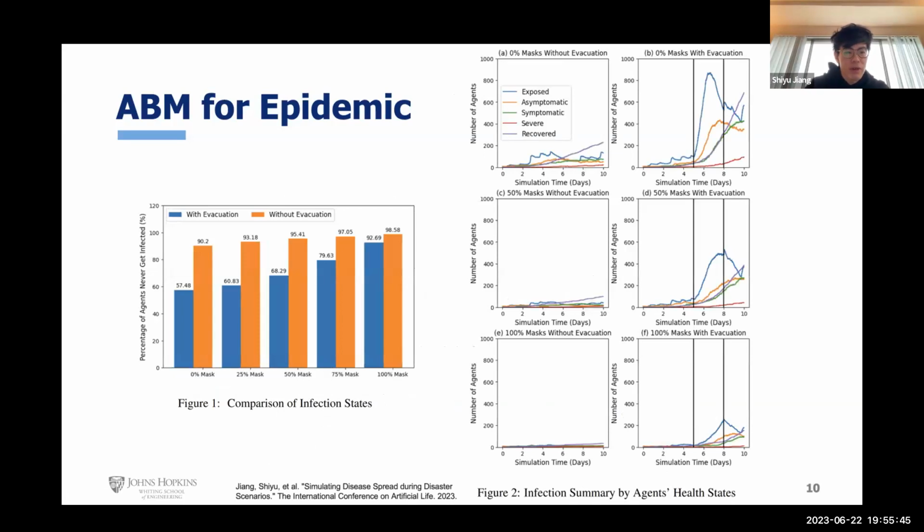In figure 1, the blue represents the with-evacuation scenario, while the other one is without evacuation. We can see that with the zero mask condition, with evacuation, which includes the scenario of population gathering, there are lots of infections happening here, while for the 100% masking scenario, the gap is much smaller than the zero mask scenario.